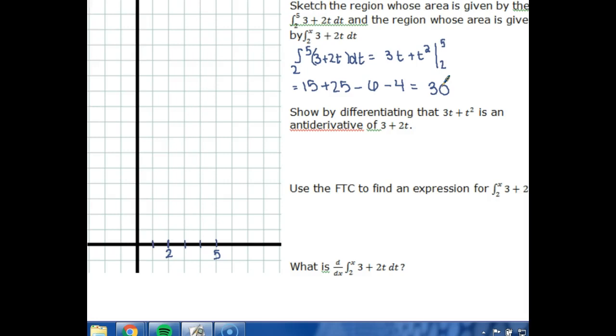That's what I was saying, where you kind of drew in your trapezoid. You sketched this, but it said sketch the region whose area is given by that. So what were you actually trying to sketch? You were actually trying to sketch the quadratic, which meant you had to plug in your endpoints, which was why I said mine was kind of flatlined at 10, because I was plugging in the endpoints of my antiderivative.